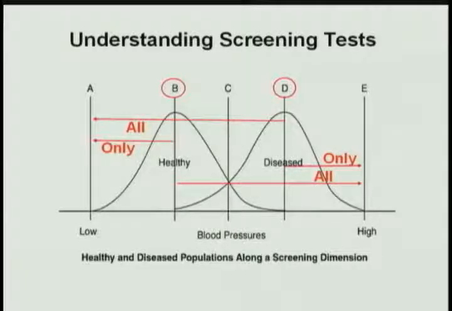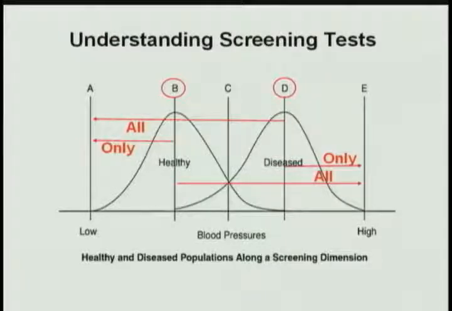At the same time, when you go to D, from D over to the left, I have all the healthy people, perfect specificity. Okay, with that in place, what's left looking over to the right? Well, the residual is only diseased people, by which I want you to see that specificity goes with positive predictive value. Let's do that again.